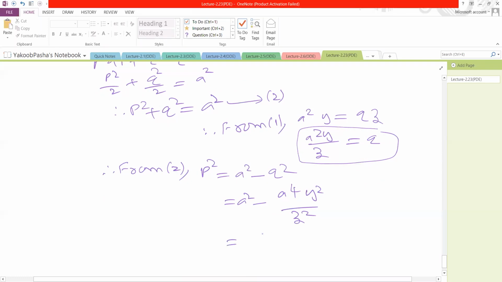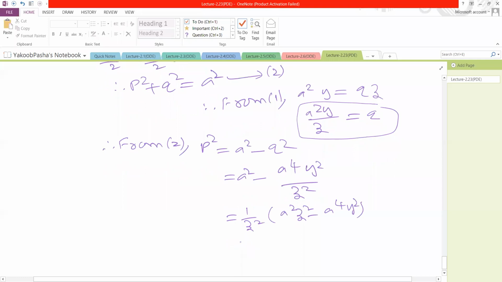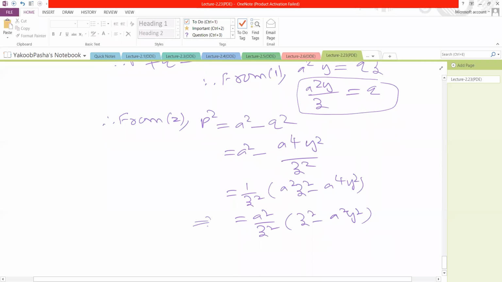So this is equal to, with LCM z square, 1 by z square of a square z square minus a power 4 y square. We can take a square also common: a square by z square of z square minus a square y square. This is the value of p square. So we can write p value, that is a by z under root of z square minus a square y square. So this is p value.